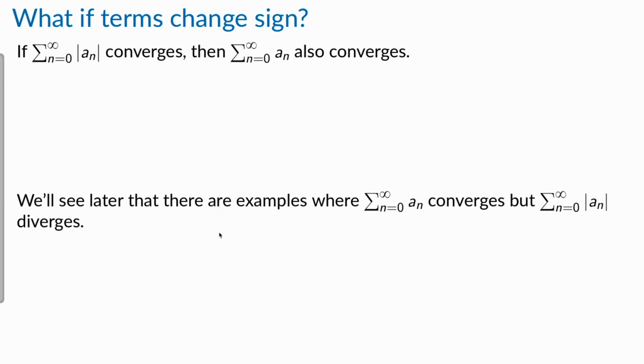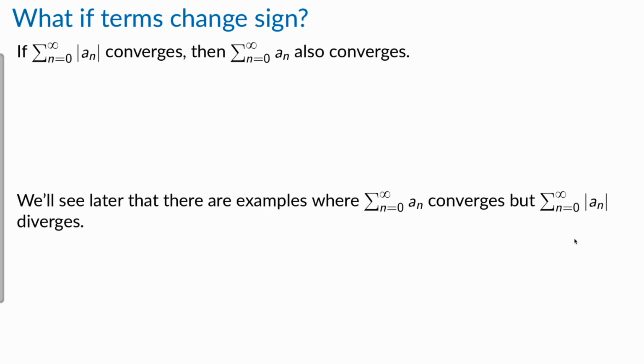Now, the other way around doesn't hold. There are going to be examples where the series itself converges, but the series you get by taking absolute value diverges. We'll see a little bit more of that in a later section.